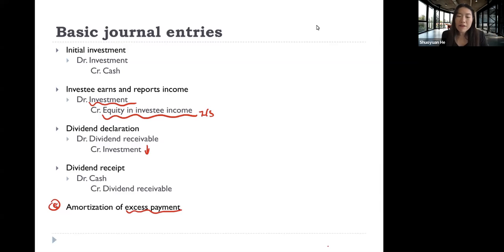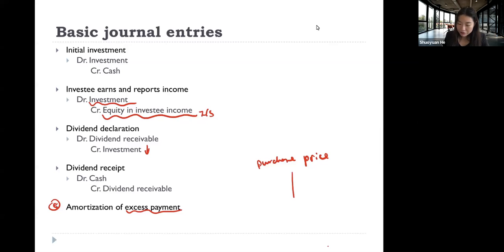So when the investor spends some money to acquire the equity stock in the investee, it is paying a purchase price. This is how much it paid. For example, it is paying $10 million to acquire maybe 20% of the stocks of one firm. So this $10 million is its purchase price.